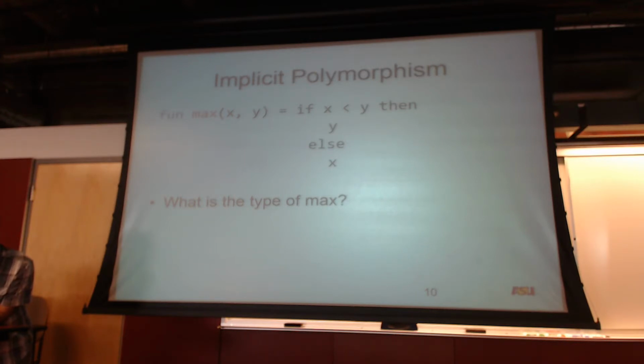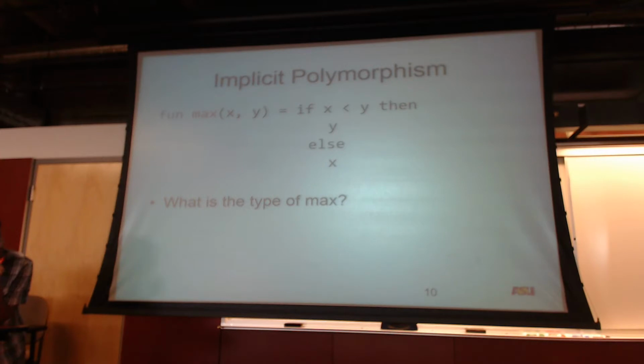Max small a comma small b should be b, because it depends upon that comparator, x less than y. You can convert into ASCII, so a will always be less than b, so it will output b, right?